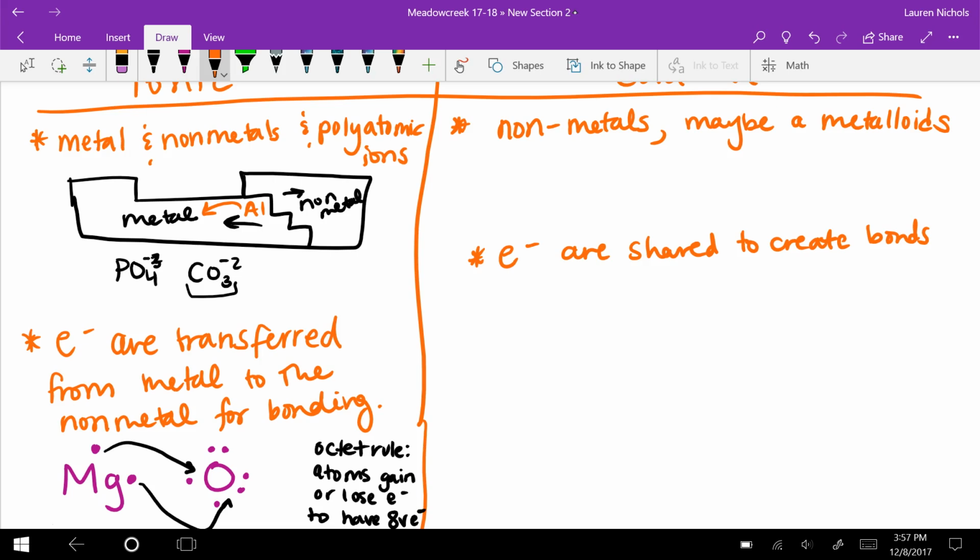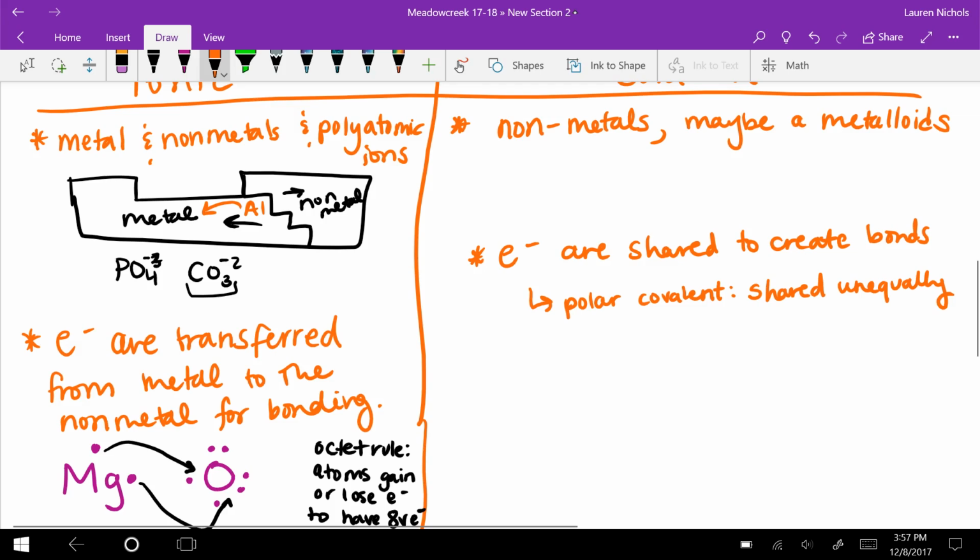shared equally. Okay, when you have a polar covalent compound, this is when electrons are shared unequally. It's like when you let your sister have the computer for 20 minutes, but you get it for 2 hours.